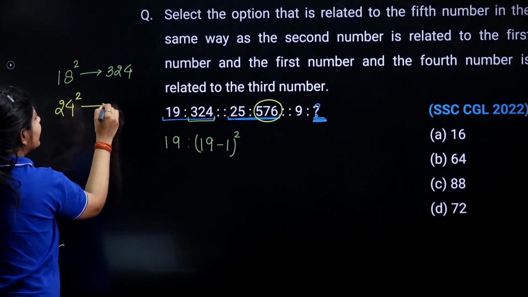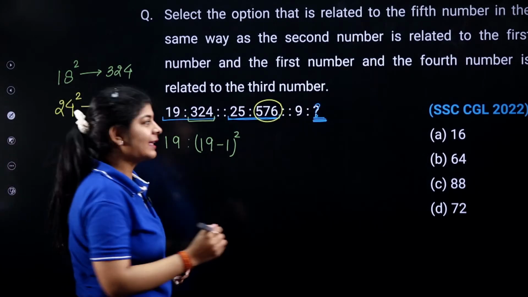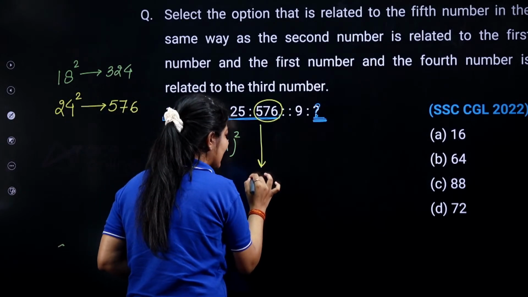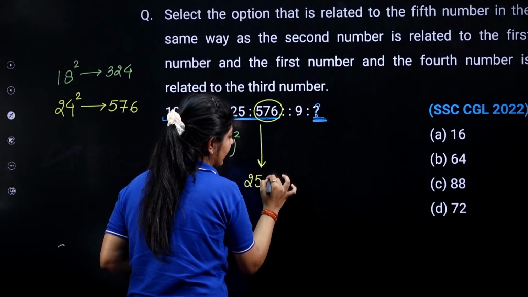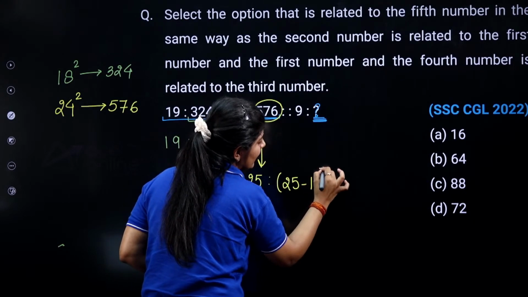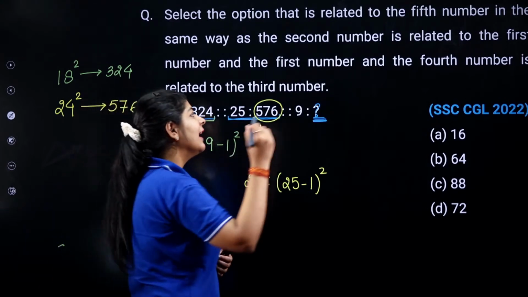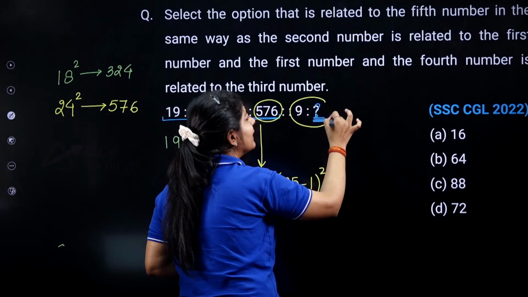The square of 24 is nothing but 576. So I can again say that the pattern I am getting over here is 25, and the next number can be written as 25 minus 1 square. Clear? We got our pattern, and now we have to apply the same pattern over here.